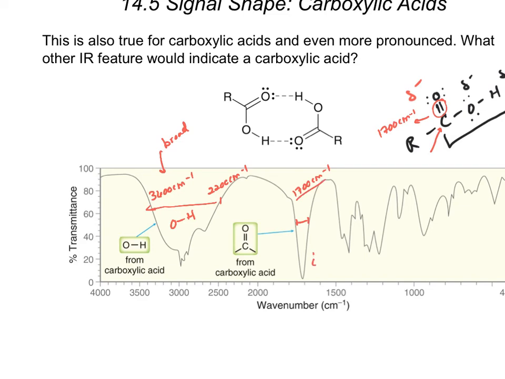That is particularly due to the carbonyl group in the carboxylic acid moiety, right? So again, all of this evidence is telling us, this is from a carbonyl. It's a strong signal about 1,700, and this is from the alcohol group of a carboxylic acid. Those two combined tell me that there's a carboxylic acid in the molecule.